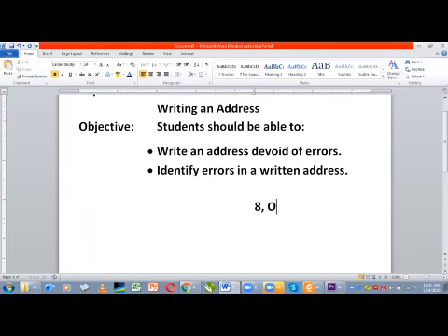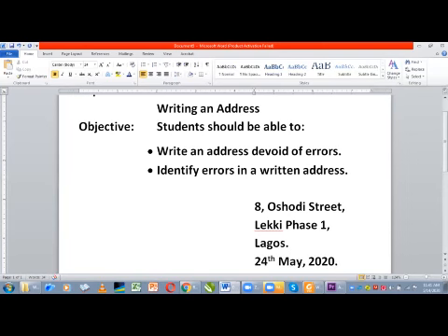So you can just give them something like this. Show the street, and just say something like if it's 1, like this. Then your date. Let's say today is 24th May 2020.